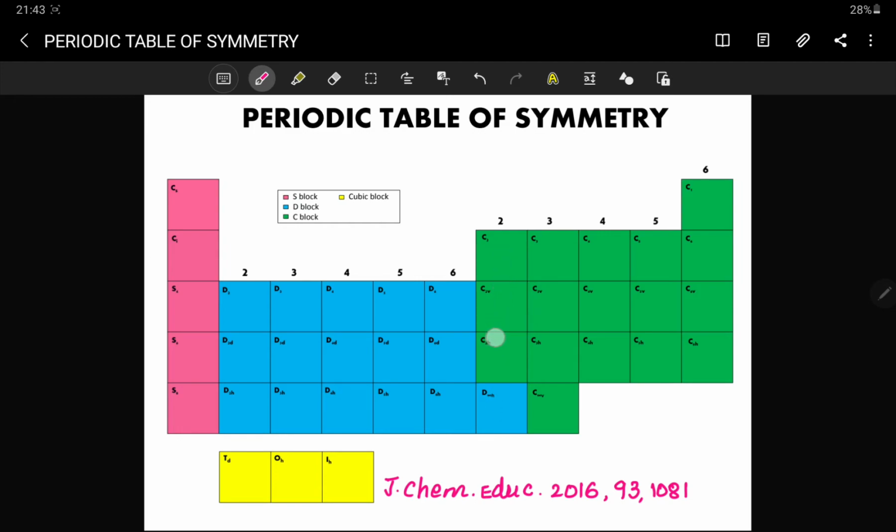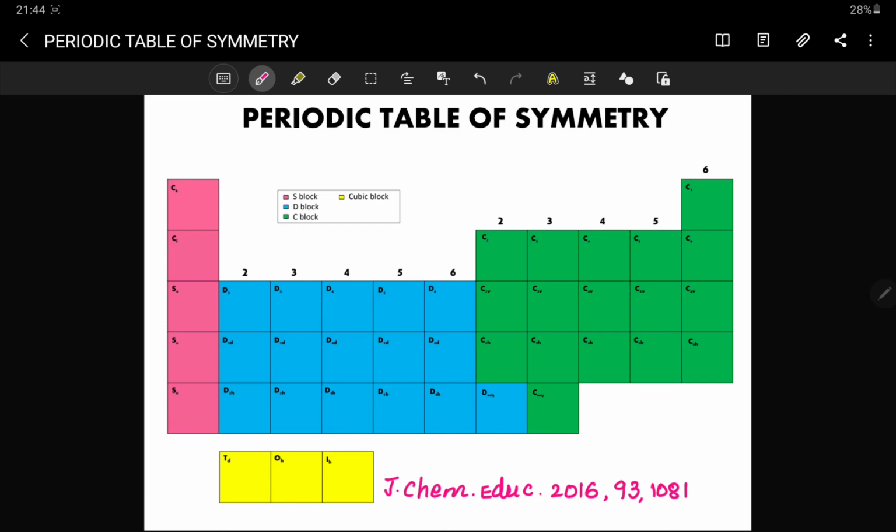Therefore, they are given in green, whereas D∞h is given in blue. If I choose this group made by completely green, we only have one principal axis. These are also point groups that contain only one principal axis, but they also contain n C2s perpendicular to them.